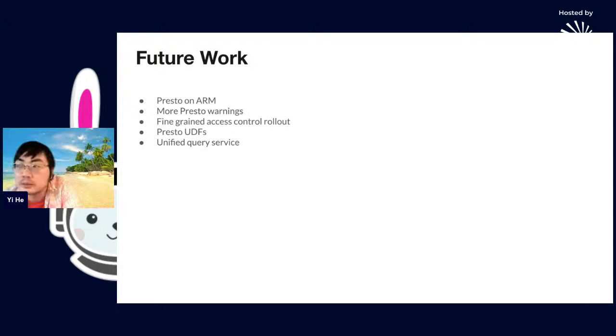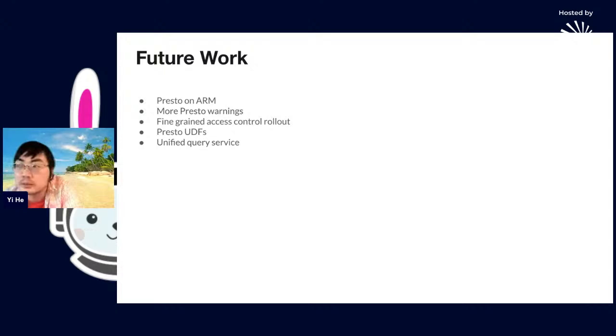One thing we definitely want to finish is making our entire environment fine-grained access controlled. The other work we plan to do is to improve the Presto UDF authoring within Pinterest, to make it easier for users to develop new UDFs.